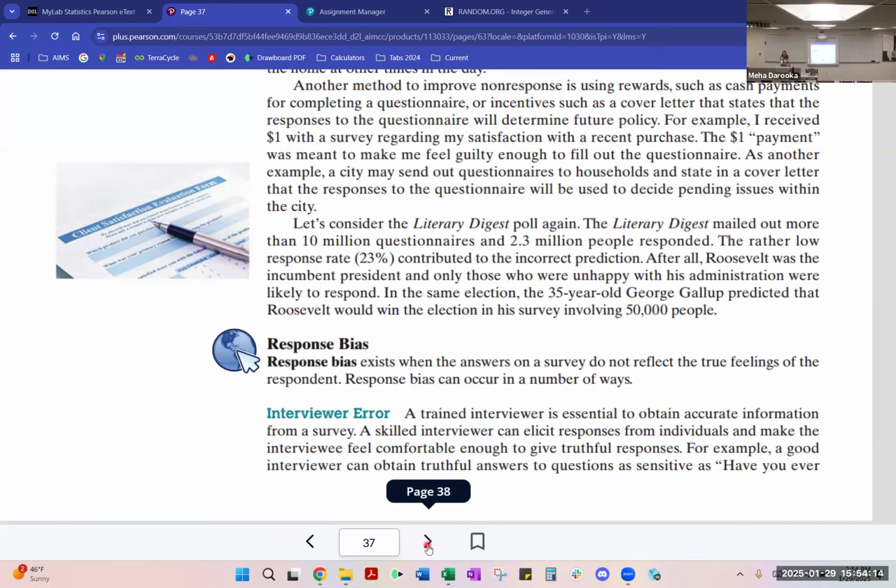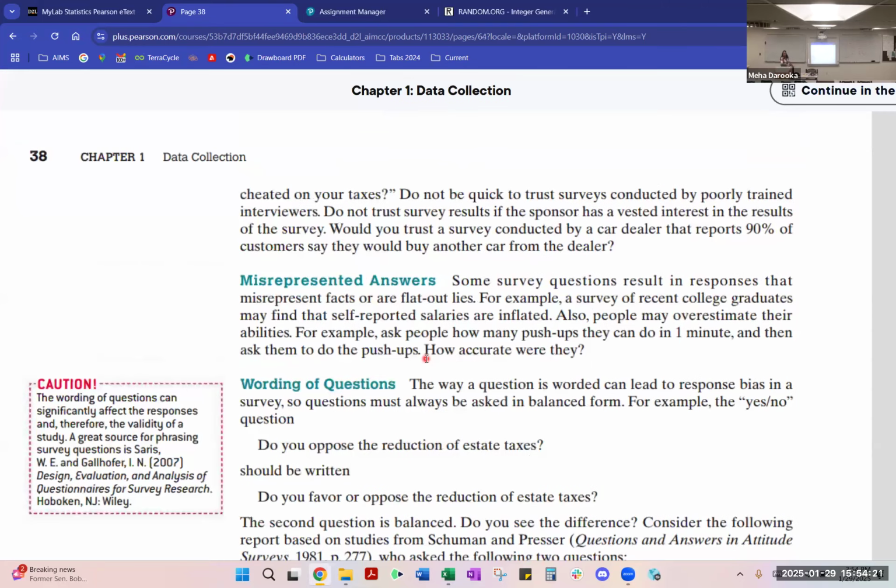So if there's a question like, have you ever cheated on your taxes? We think about that question. Many people may not feel comfortable answering that, right? Especially if maybe they have not been truthful on their taxes, they probably will not answer that question conveniently.